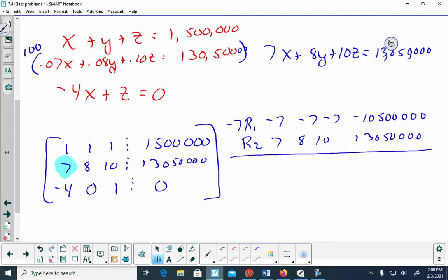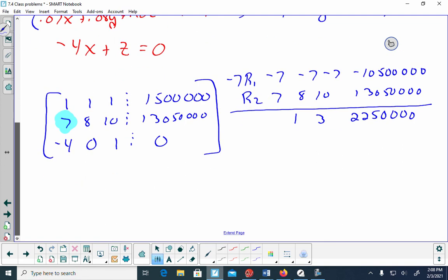And when I do these, the 7s will equal 0. So I'm going to have 1, 3. And then when I subtract, so that is going to be my new row 2.